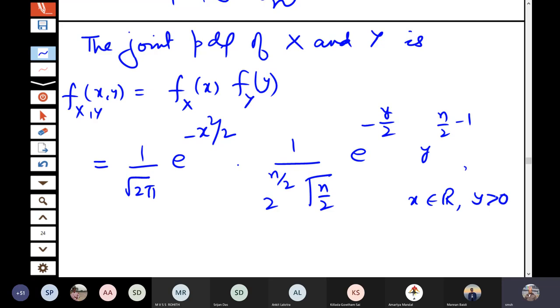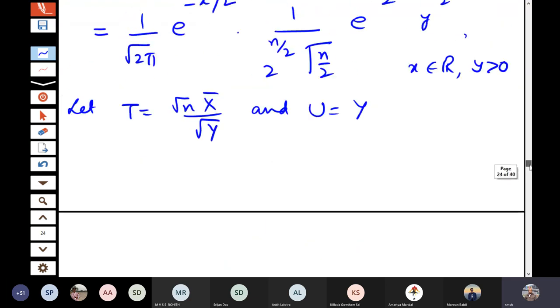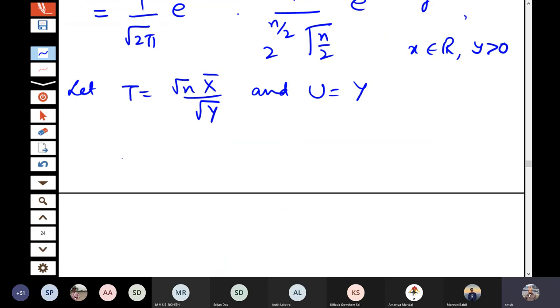Now we have the transformation, that is t is equal to x divided by, so we take this root n in the numerator, this divided by root y. In order to get a one-to-one transformation, I will need another function. So let me write u is equal to y. So we can find out the joint distribution.